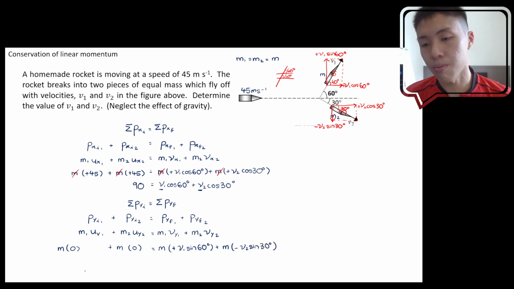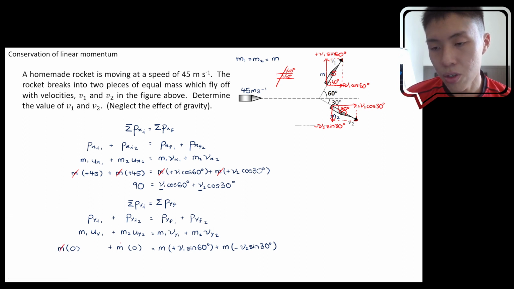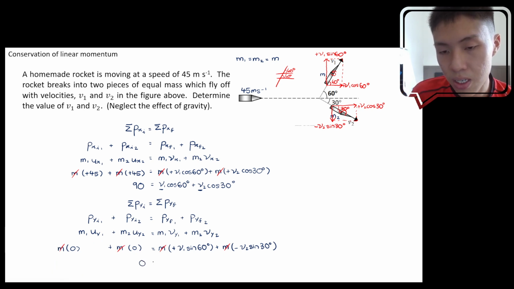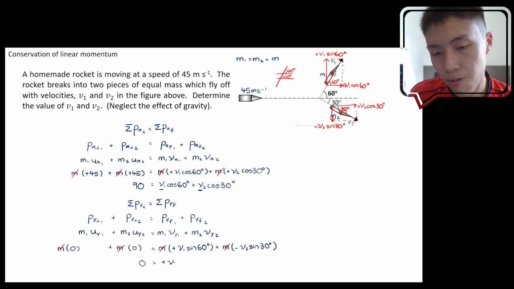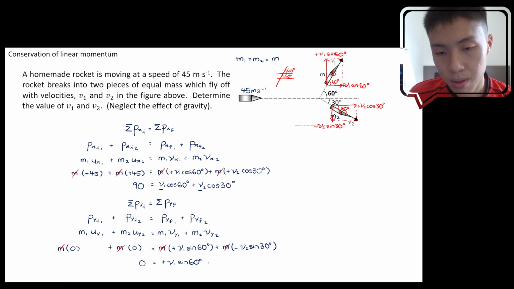Okay, so now you have completed your substitution. Again, all terms have m, so you can cancel out m. So if you conclude the equation, you will be left with 0 equals positive v1 sine 60, plus, oh no, plus a minus right now, negative v2 sine 30.